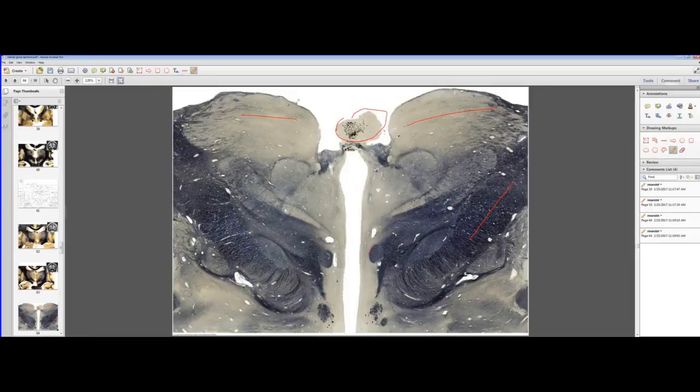And this is the fornix, but we also see the mammillothalamic tract coming up out of the mammillary bodies here. So we see 4 dots. 2 are the fornix and 2 are the mammillothalamic tract in this sort of section. Here's probably the medial geniculate right here.